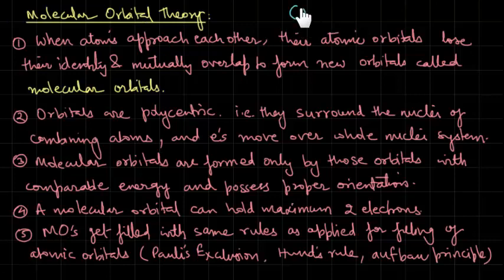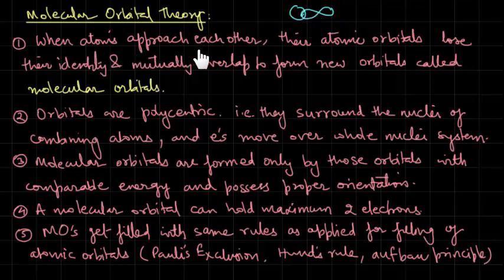So we studied that this will be an S and this will be a P, so it will eventually look something like this and the sharing will be along this, but this does not happen. S and P will combine to form a molecular orbital, and we'll talk about how that molecular orbital looks and how it behaves. So let's do some theory and then we'll see some examples.